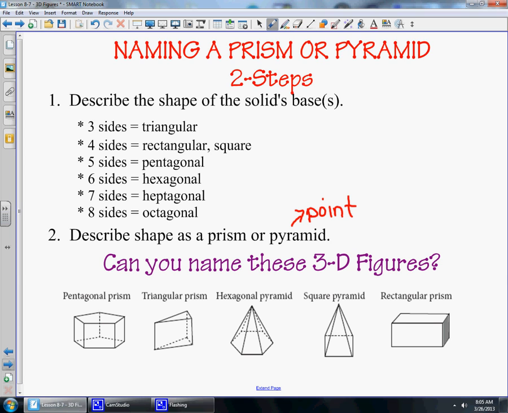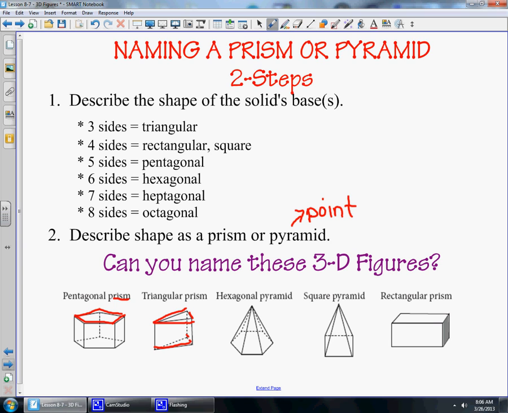Okay? So if we look here, this is a pentagonal prism because you have 1, 2, 3, 4, 5 sides, and they're connected together by rectangles, which makes it a prism. Here we have 2 triangle bases that are parallel to each other.